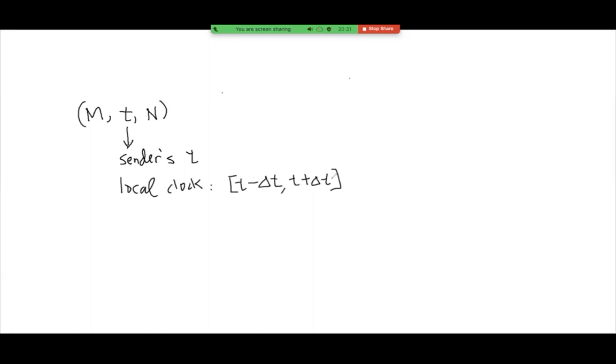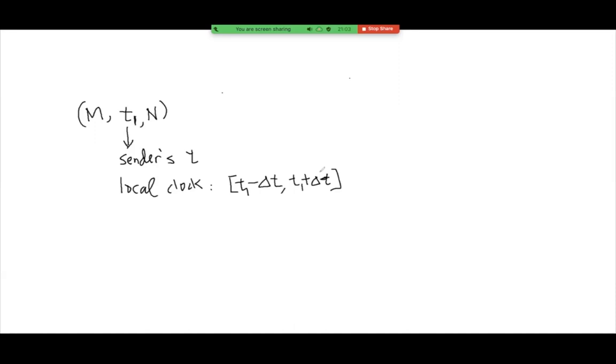Okay, so let me make it clear. Let me put this T1 here. Okay, so that will be T1. Now this delta T is a constant. This is the maximal error, so it's a constant. For any time T, this delta T is the same.